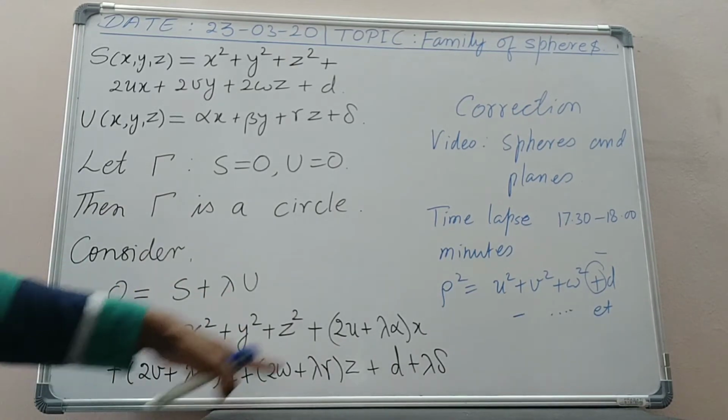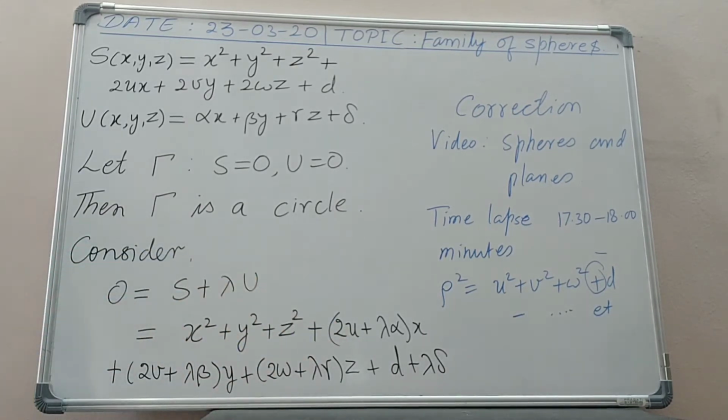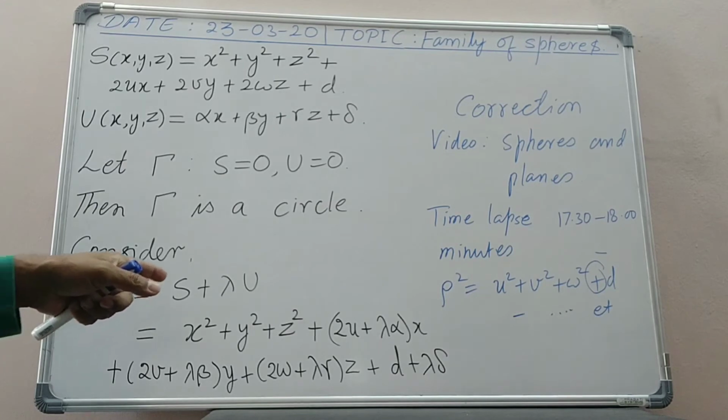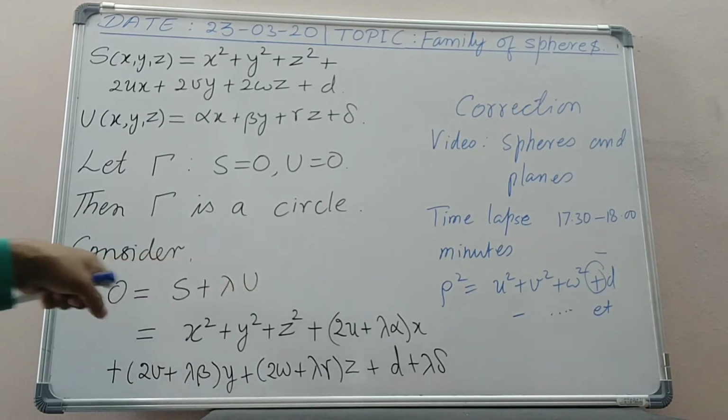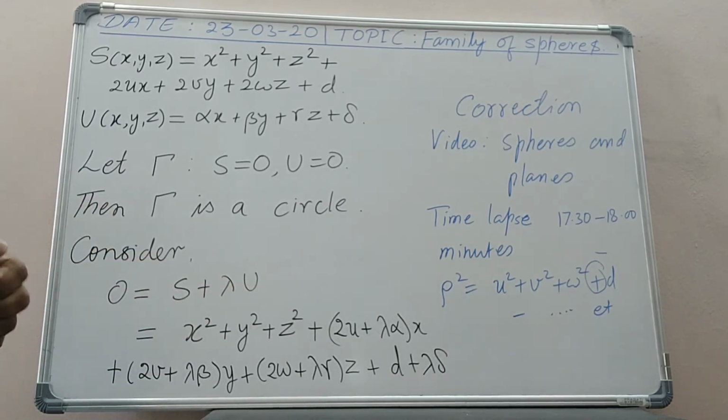After the substitution, this is what one gets. And the claim is that you have a family of spheres. So this equation actually represents a family of spheres. Let us just write down the center and the radius of that sphere.